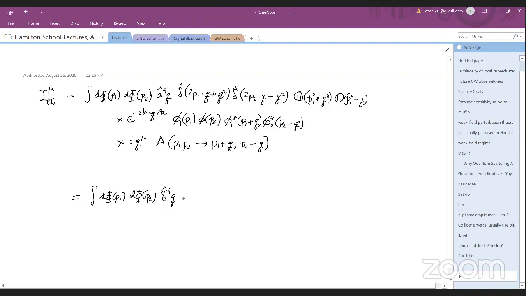Let me not write that out explicitly, but you should just visually carry it over from that first line. And we'll then have the phase factor. That phase factor will accompany us all the way to the very end.